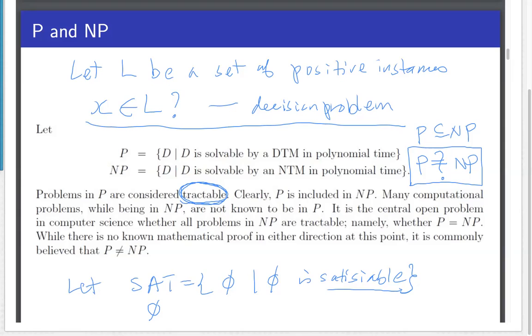Nobody has known since it was first raised in 1960. So that's almost 60 years, and we still don't know the answer. Even though a lot of people believe it is not equal, either way is possible because there isn't any mathematical proof.